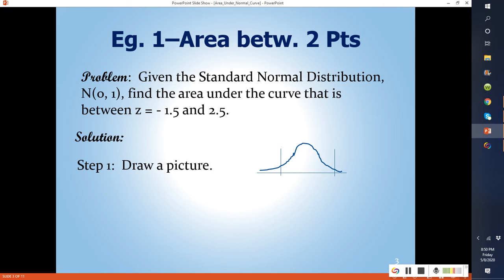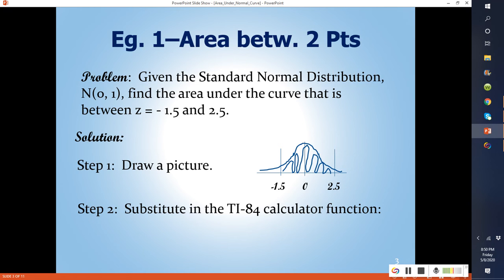So to complete this picture, we need the x-axis. We put that in, and now we're going to shade the area that we want, and I'll show you the x values that we're looking for. In this case, they're z values. So the z values are minus 1.5 and 2.5, and since it's a standard normal curve, in the middle you will have 0. So the next step is to substitute in the TI-84 calculator function. The function requires arguments in a particular order.